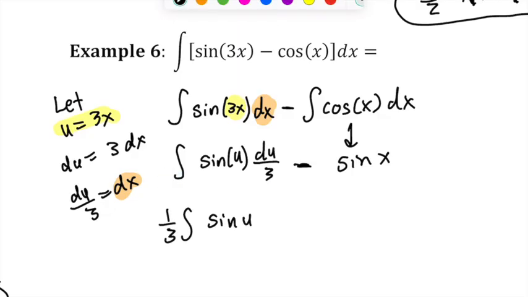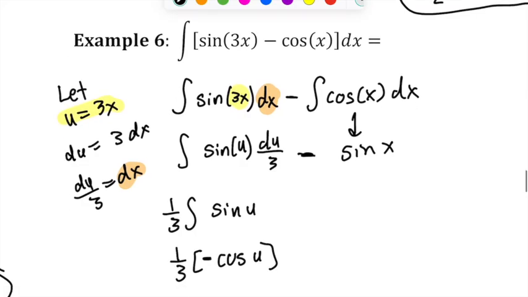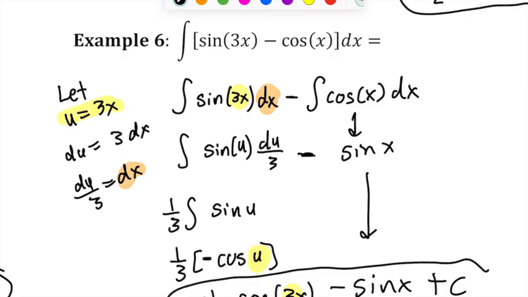And we know that the integral of sine of u is negative cosine of u. And then if you substitute your 3x back in, you're going to get negative 1/3 cosine of 3x. Again, u is equal to 3x. Don't forget the sine we already did. And then you do have to add a plus c at the end.